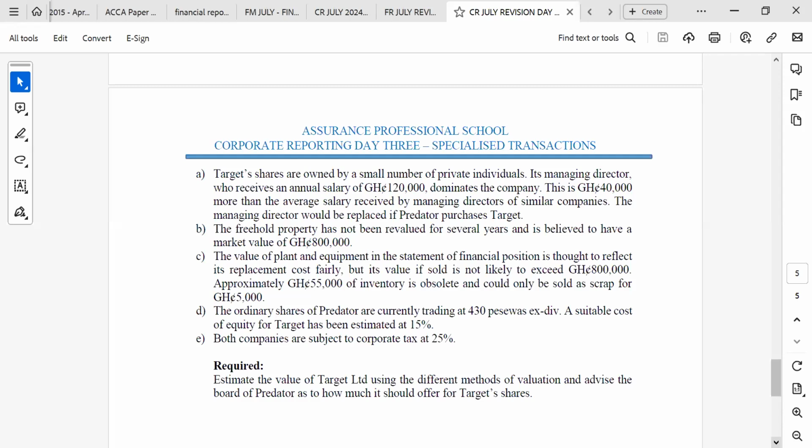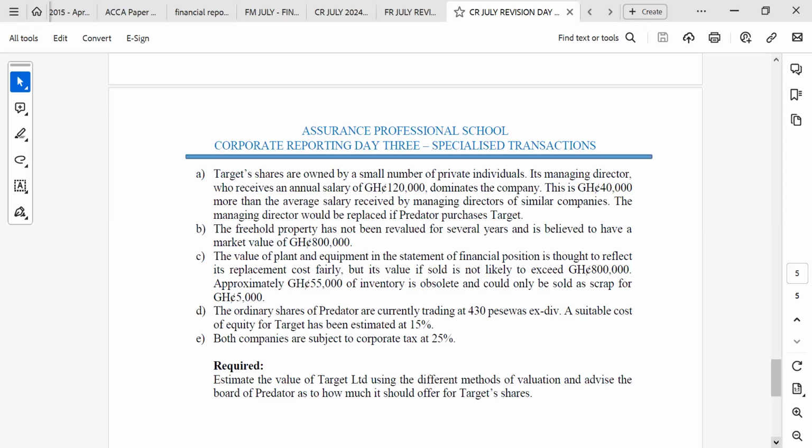Okay, the C. The value of plants and equipment in the statement of financial position is thought to reflect its replacement cost fairly, but its value, if sold, is not likely to exceed 800,000 Ghana cedis. Approximately 55,000 Ghana cedis of inventory is obsolete and could only be sold as scrap for 5,000 Ghana cedis.